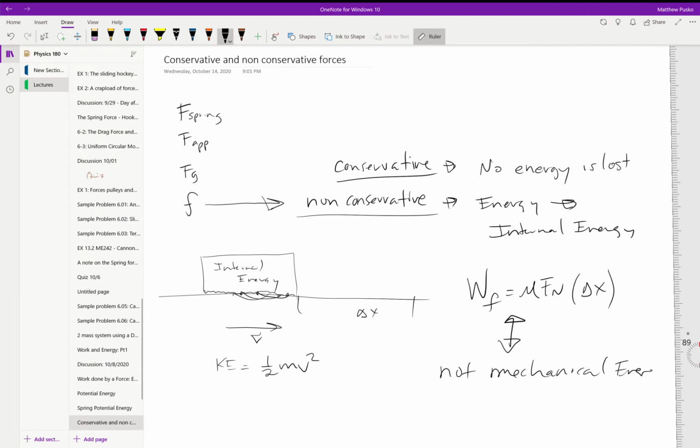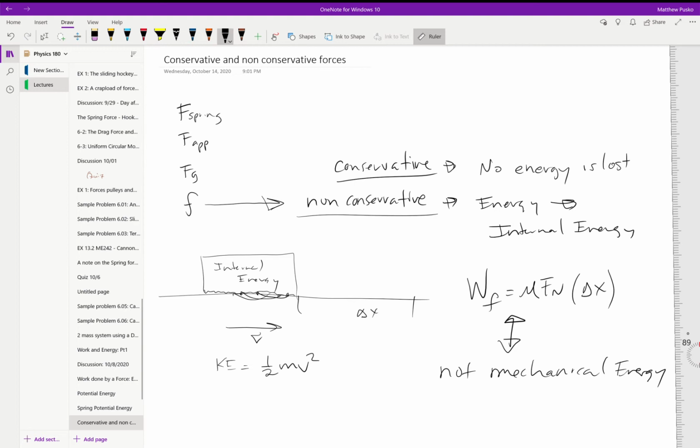Meaning, it's turning into internal energy, but it's neither gravitational nor spring. We can't turn it back into potential energy in a spring. We cannot turn it back into a force of any other kind. We cannot use the energy created by friction, which is now heat, to lift a mass up some distance delta y, right?